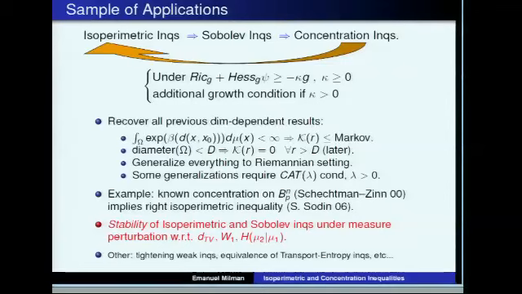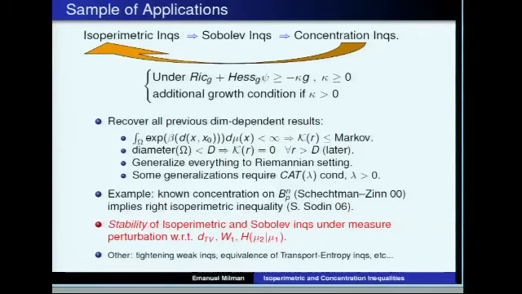So let's see what we propose to do. This is how we propose to attack the question of stability. Analyzing stability on the Sobolev level, unless the perturbation is kind of trivial, looks rather difficult. So instead of doing it directly on the Sobolev level, here's what we suggest. You can always go down to the concentration level. This is always true, without any assumptions. So go down to the concentration level and analyze the stability on the level of concentration.